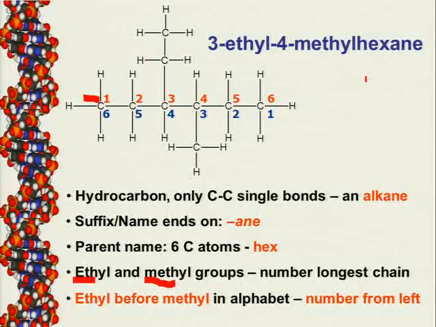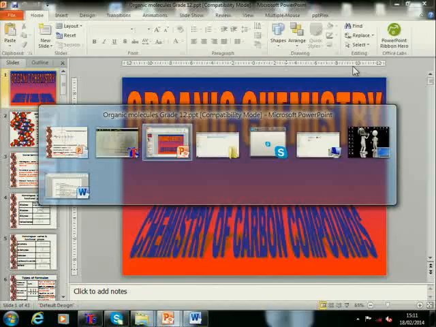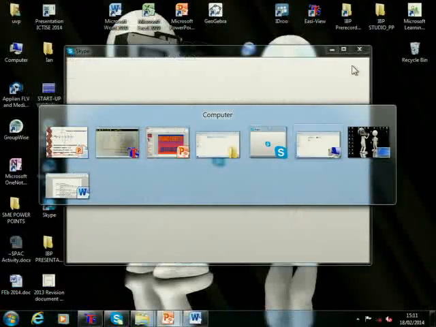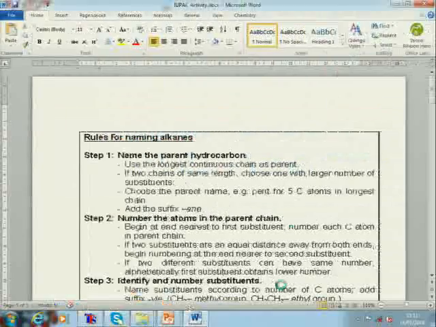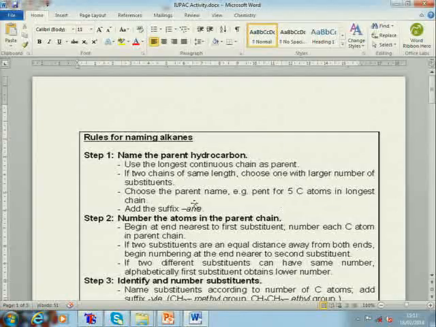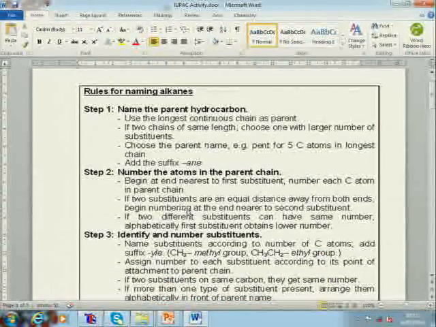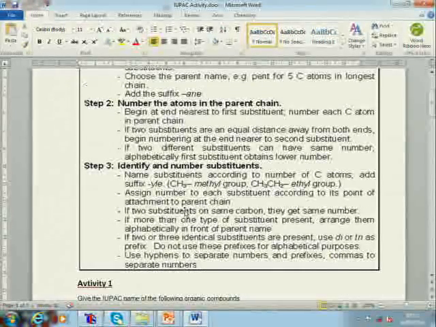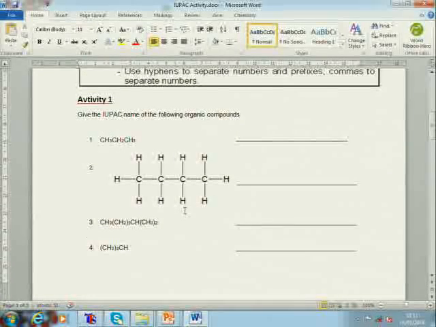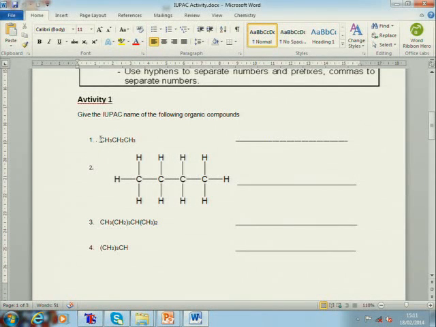Okay, before we get to the alkene, let me just take you through the homework that you are going to have and show you what it is that you are supposed to do. So the homework that you are going to have, it is the one that you are seeing there. I've put for you the rules so that you don't forget them. And then the first activity, the first compound there, you've got a structure.